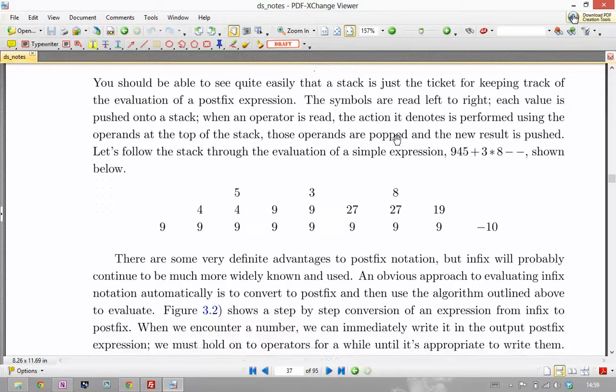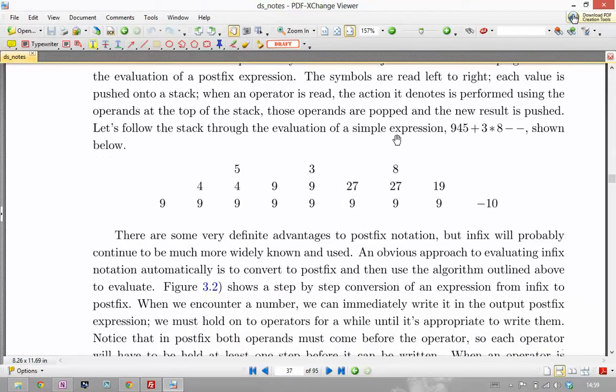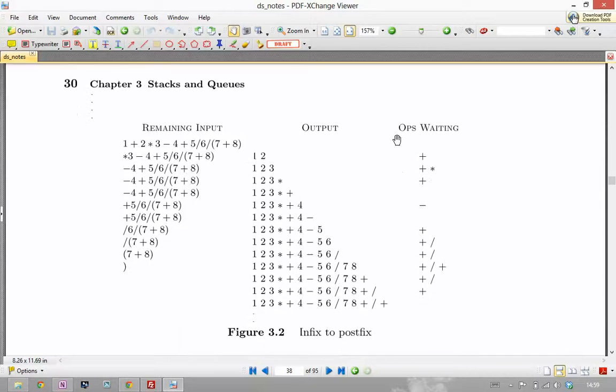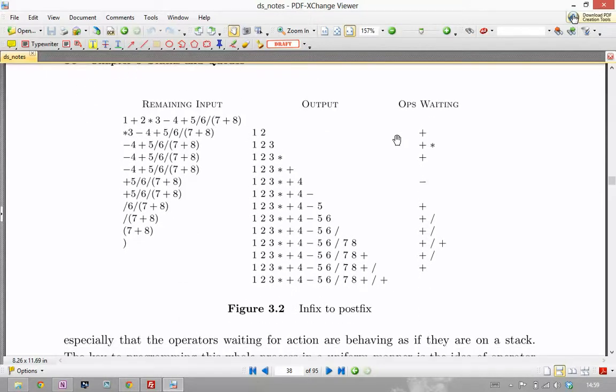So here's some stuff about infix and postfix. Let's talk about the conversion here. All right, so we start with this infix expression at the top: 1 plus 2 times 3 minus 4 plus 5 slash 6 slash parentheses 7 plus 8. All right, let's see how this is going to go.